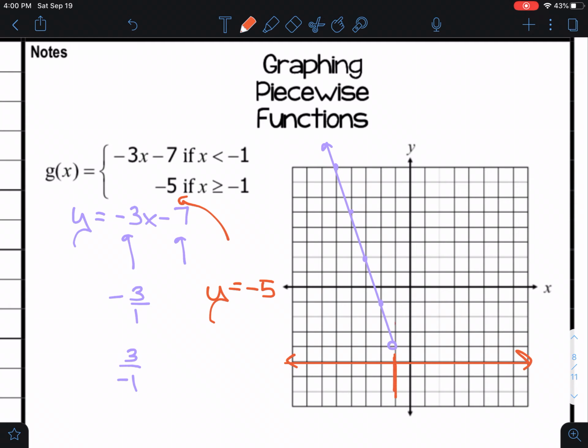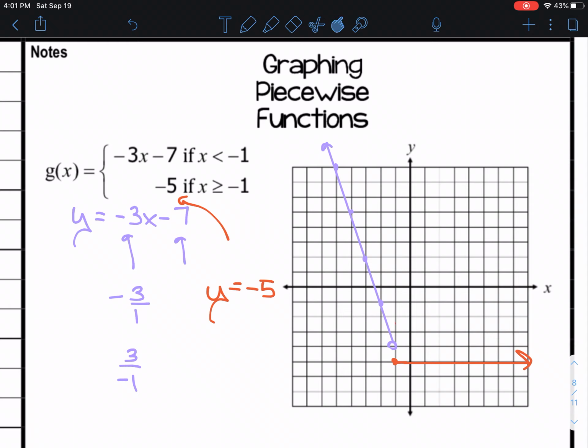So I want to keep everything to the right of that and get rid of everything to the left. So let's do that. Okay, now it's greater than or equal to, so I'm going to have a closed dot there. And then I've got my function in two pieces there.